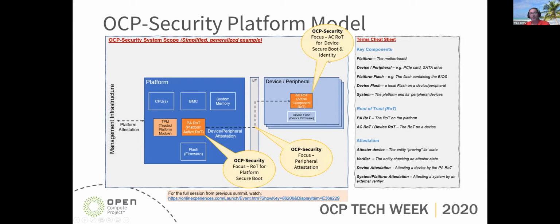The OCP security focus has been on defining the secure boot and identity spec for how a root of trust needs to behave, and an attestation spec that focuses on how the attestation between a platform and a peripheral works. And obviously the same requirements around secure boot that happen in the active component or in the peripheral also apply on the platform level for the root of trust secure boot.